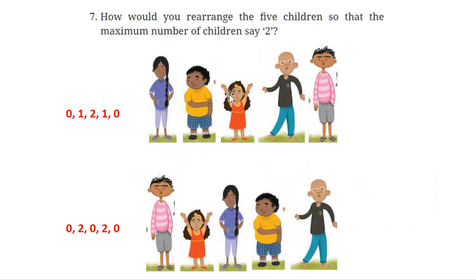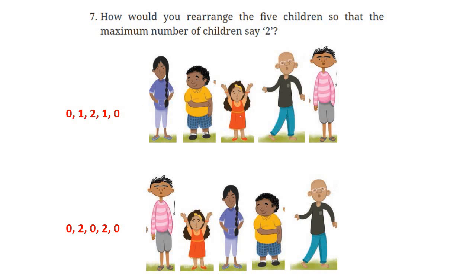fine. Next question. How would you rearrange the 5 children so that the maximum number of children say 2? Now somewhat we have considered this in the case 1. So if this is the last arrangement, 0 1 2 1 0, what I have to do is see the arrangement again.